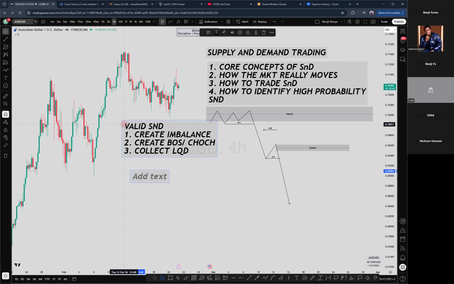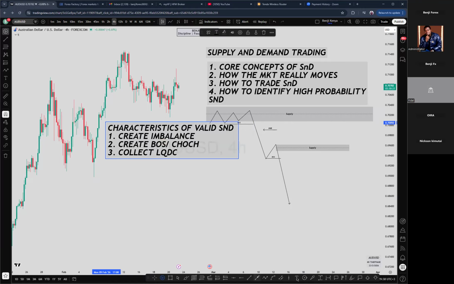Let me just write them down. Characteristics of valid supply and demand areas.